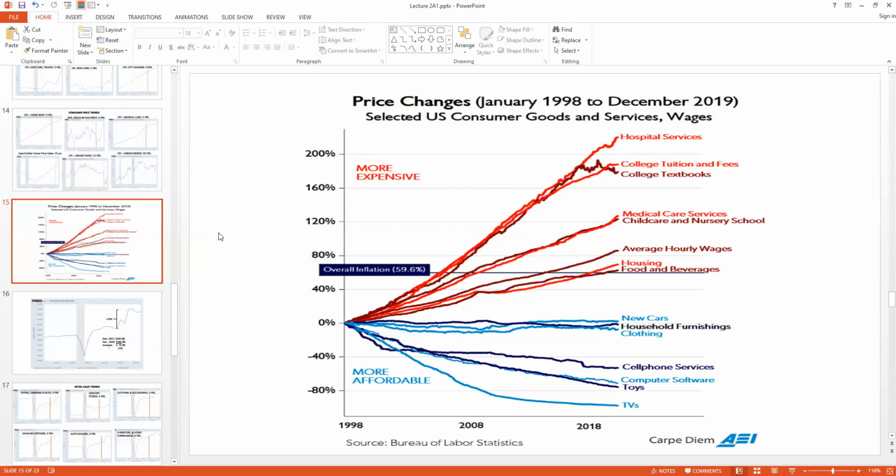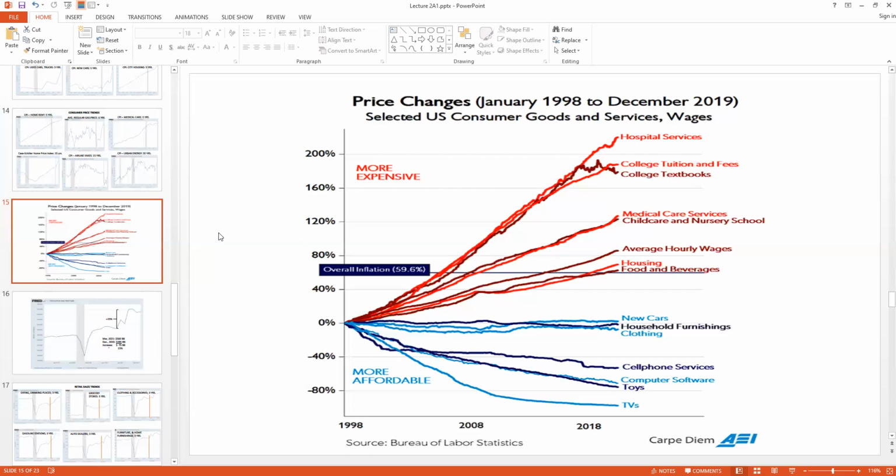And on the other hand, the lower part of this chart with the blue and dark lines reflect industries where very often products or components of products come from overseas: televisions, toys, computer software, cell phone services, all from offshore, clothing, household furnishings, even new cars, not to the same extent, and you can see that their prices haven't declined to the same extent either.